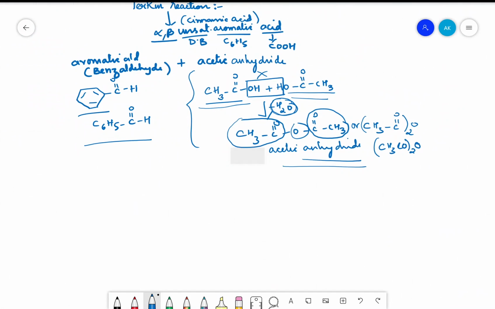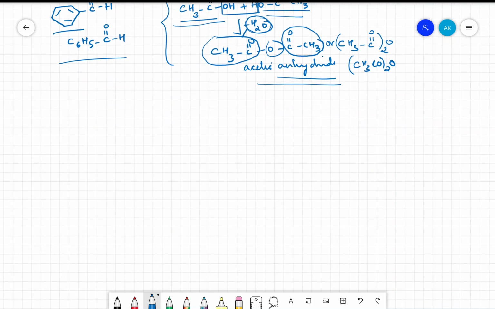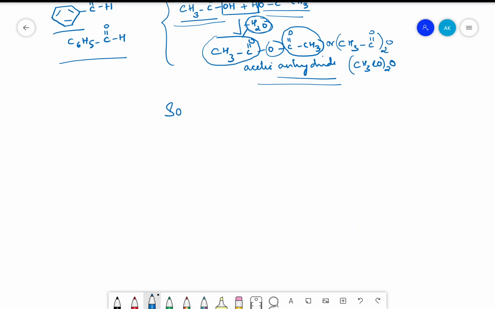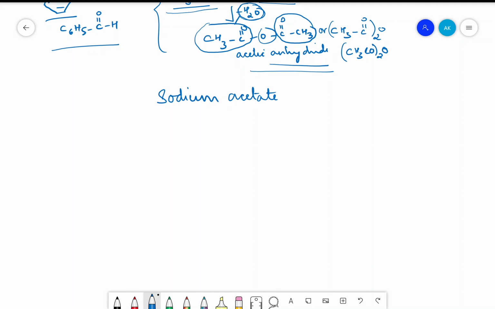So acetic anhydride is going to combine with your benzaldehyde in the presence of sodium acetate. Sodium acetate is derived from CH3 C double bond O OH, which is acetic acid.